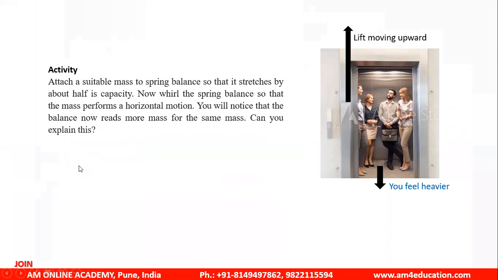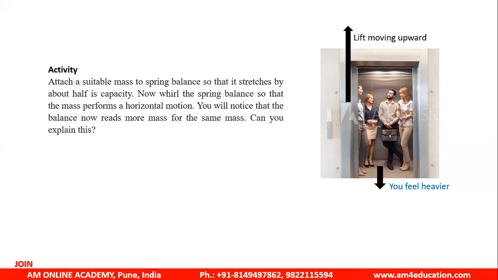Now this activity is given in the textbook. It says to attach a suitable mass to a spring balance so that it stretches by about half its capacity. If the spring balance has a capacity of say 2 kg, you have to attach a weight of 1 kg, and then whirl the spring balance so that it performs a circular motion in a horizontal plane.